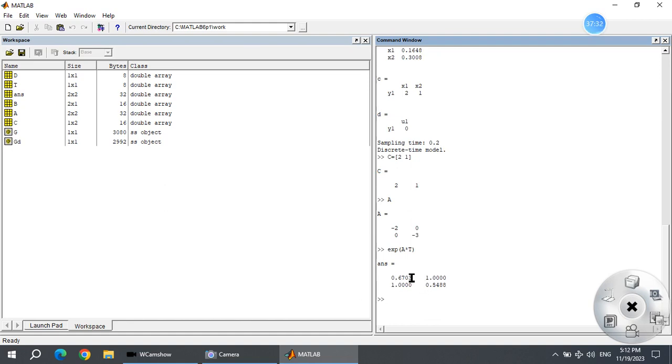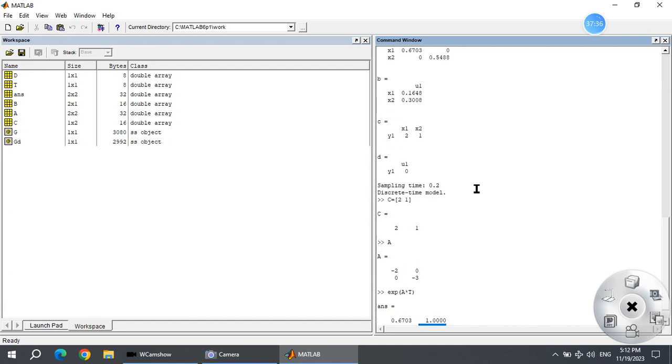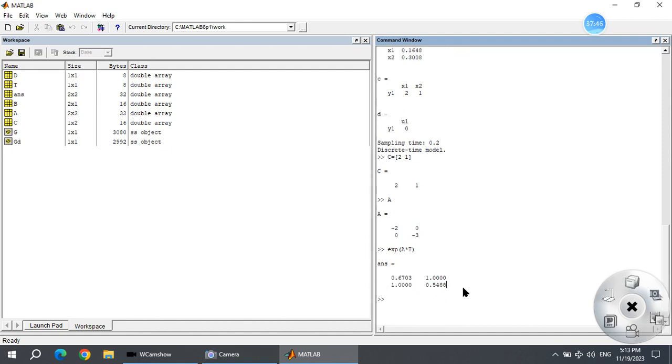Actually, these two numbers are good. You see, here is 0.6703, 0.6703, and this 0.5488, 0.5488. They are all right. But here it's 1 and 0. Now we can calculate using our Taylor formula way.